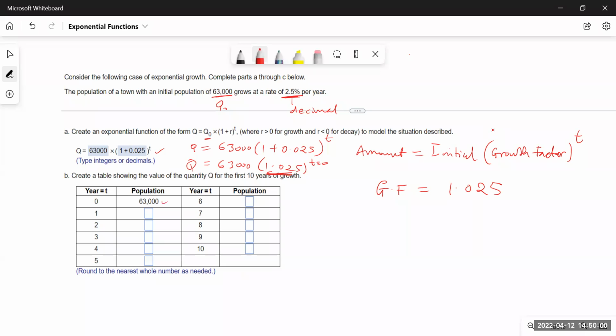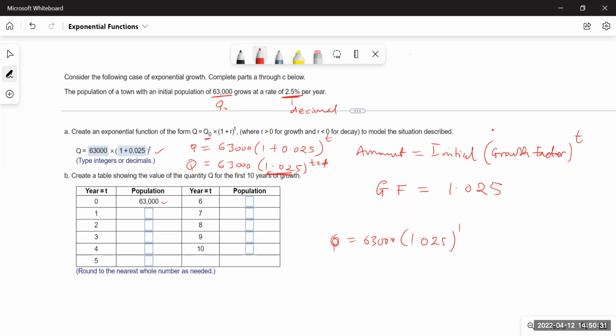That is why we have the initial to be 63,000. Now, to find the balance for year number 1, we are going to do T is equal to 1. So when T is equal to 1, Q is equal to 63,000 times 1.025, exponent 1.